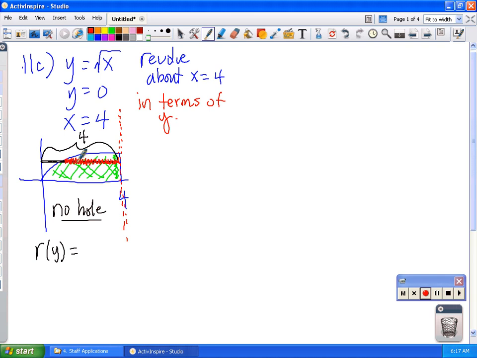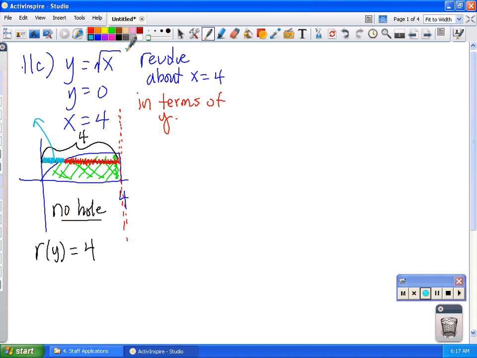So that's the piece of the segment that I want, and the segment that I'm trying to eliminate, I'll highlight in this blue. The whole thing is 4 units long, and I'm trying to eliminate that little blue section. Now the little blue section is the distance from the y-axis to the curve, and it has to be in terms of y.